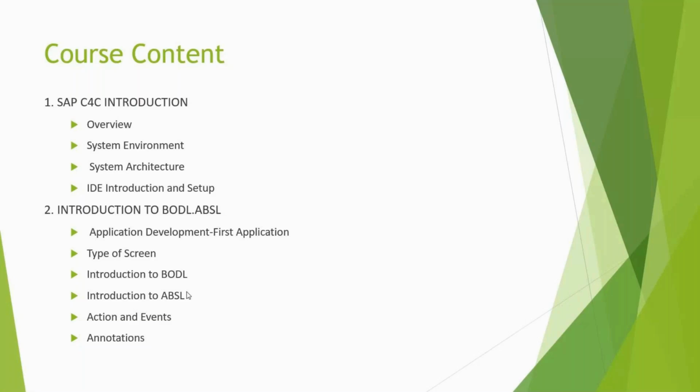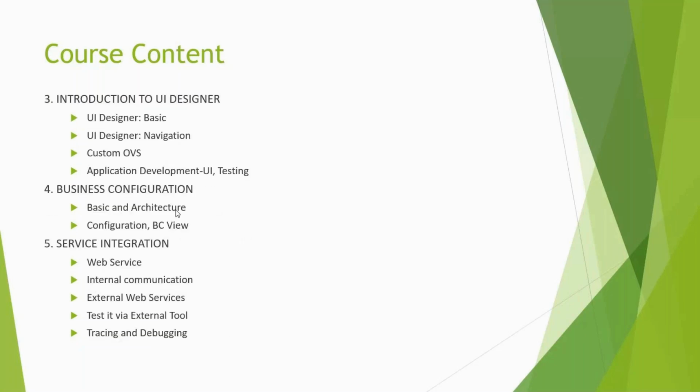And then we have actions and events for the BOs, custom BOs, and the standard BOs that we are going to explain. And then the annotations, a concept which we have defined in the business object. So we will cover all this in the course content. Next is an introduction to the UI designer.